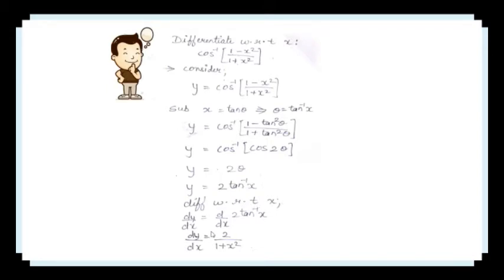So dy by dx equal to d/dx of 2 tan inverse of x. As 2 is constant, I can take it out. The derivative of tan inverse of x is 1 upon 1 plus x square. So dy by dx will be 2 upon 1 plus x square. This is the answer.